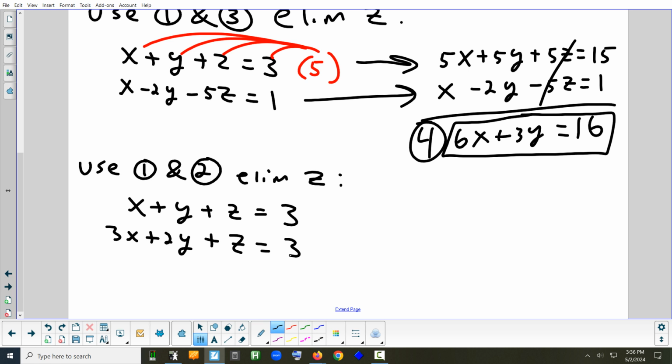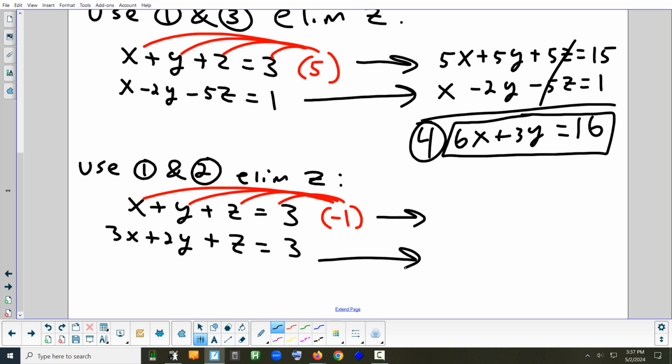We could do the top one by -1. Let's distribute that out. Xavier, what do you get in the top? Negative x minus y minus z equals -3. And then the bottom equation stays the same: 3x plus 2y plus z equals 3.